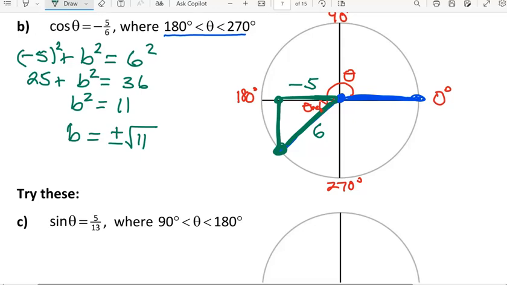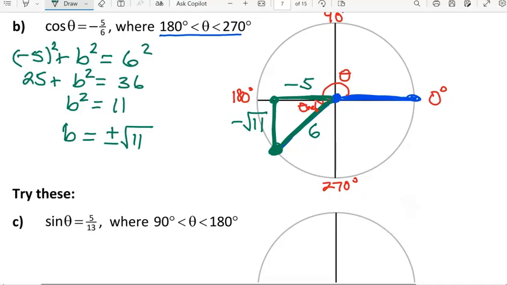If we look at the picture, that vertical side is hanging down from the x-axis, and the endpoint of the terminal side is in quadrant 3 where both coordinates are negative, so that means that that opposite side will have a directed length of negative square root of 11.